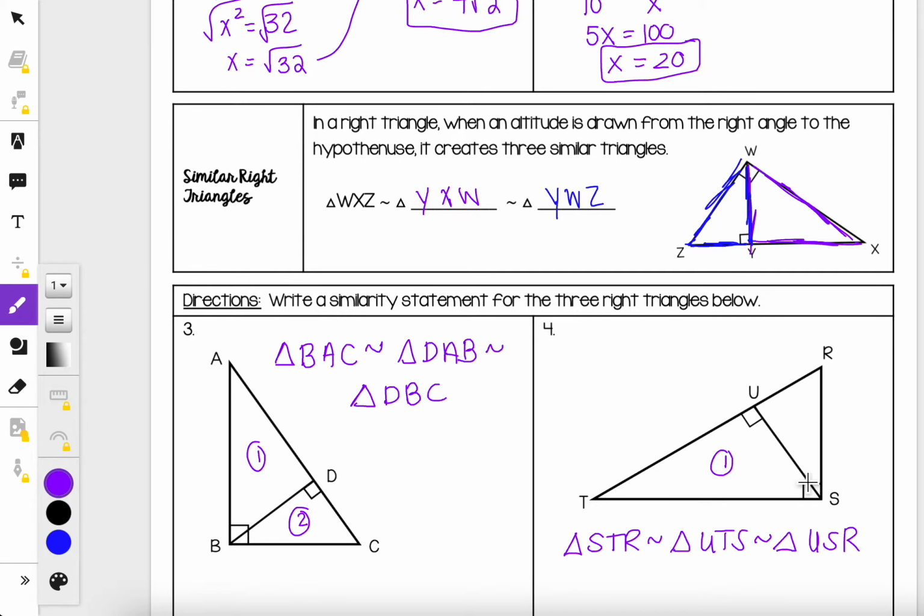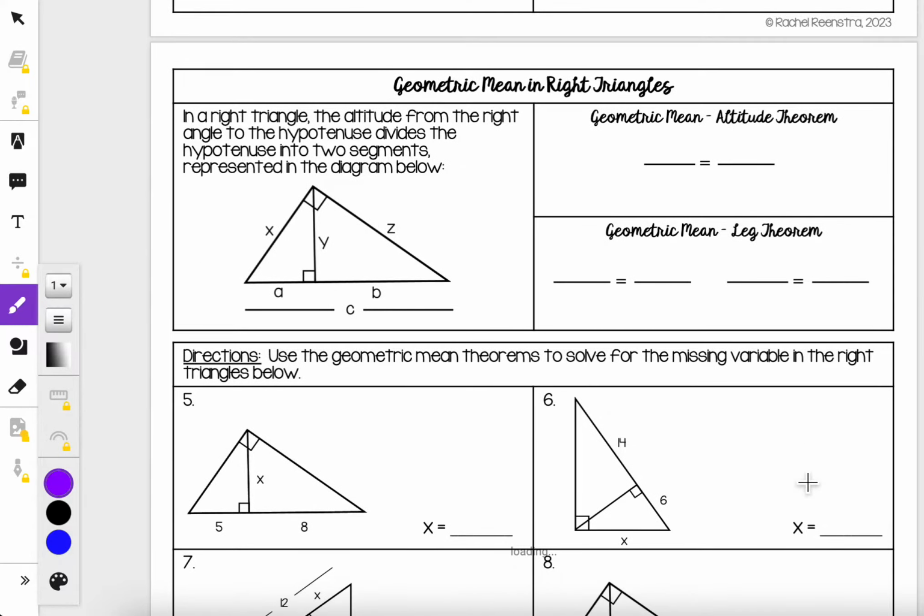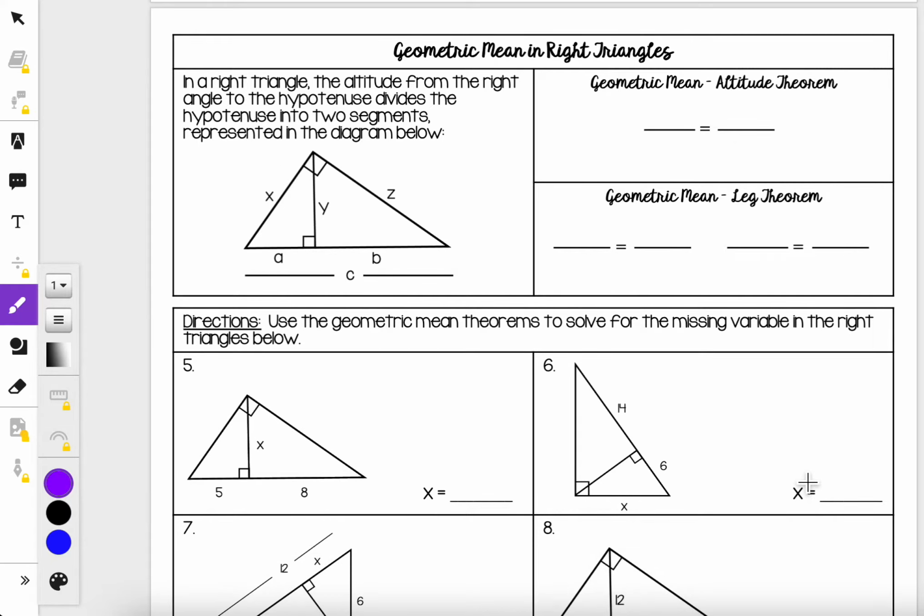Okay? Now, when we see similar figures, we should be thinking about proportions. In our last unit, we learned that in similar figures the sides are proportional. This is where the geometric mean comes in. In this right triangle, the altitude from the right angle to the hypotenuse divides the hypotenuse into 2 segments.